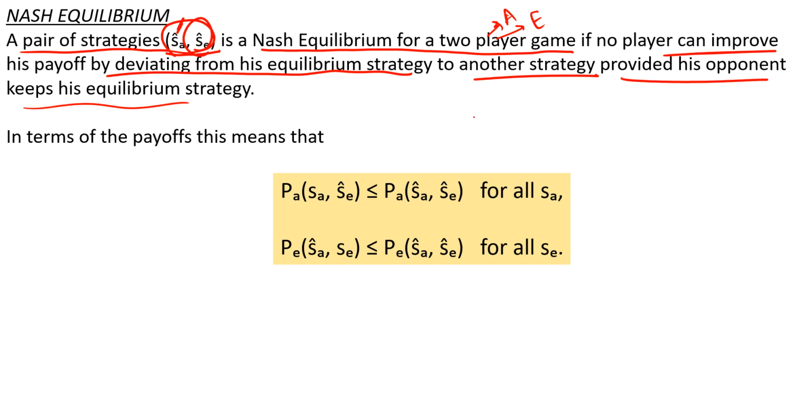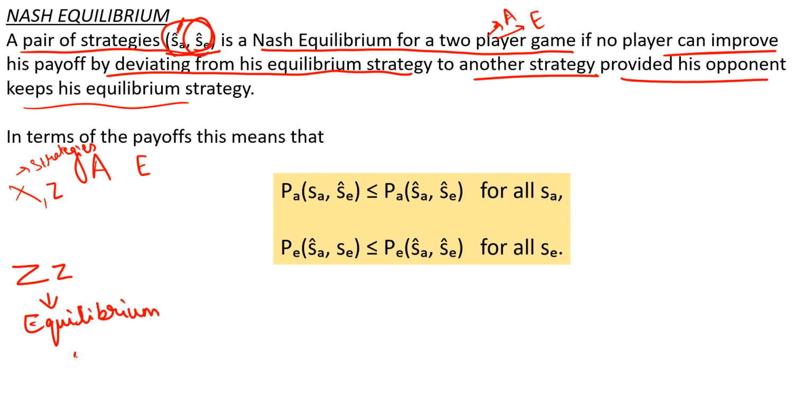Let's understand it in a clearer way using an example. Let's suppose there are two players A and E. There are two strategies available, X and Z. And we are saying that out of these, the pair of strategies of Z is the equilibrium strategy. So this is the situation where both players are choosing the strategy Z, right?